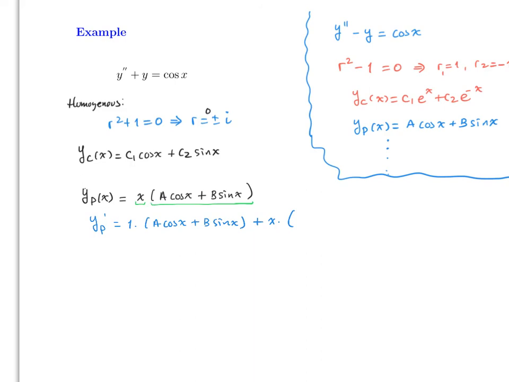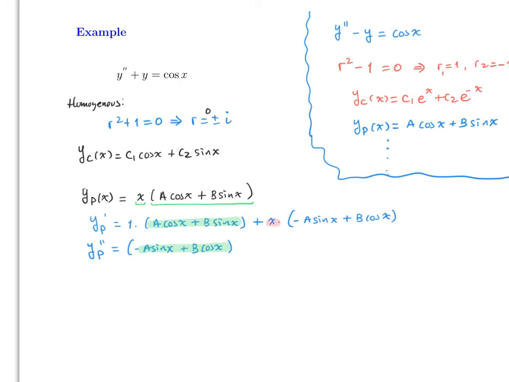But the derivative of the second one is now minus a sine x plus b cosine x. So therefore, the second derivative is going to be now minus a sine x plus b cosine x. So the derivative of this will give you this.